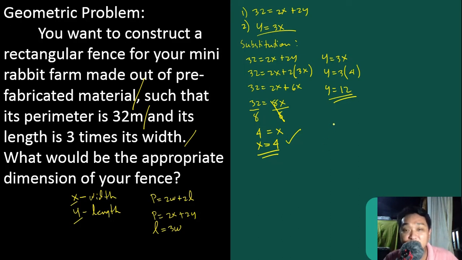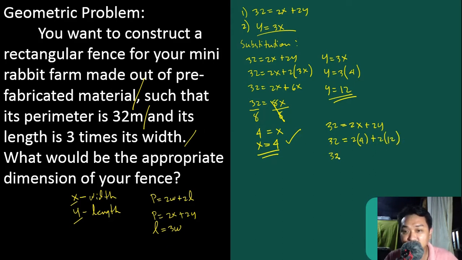Let us check kung tama yung sagot natin. 32 is equivalent to 2 times the width, which is x, plus 2 times the length, which is y. And let us substitute the value of x and y. So that is 2 times 4 plus 2 times 12.